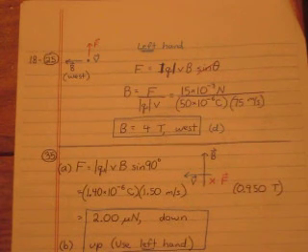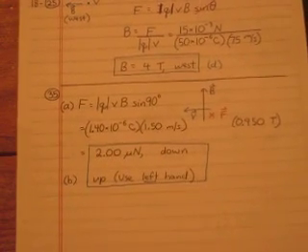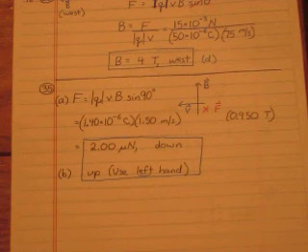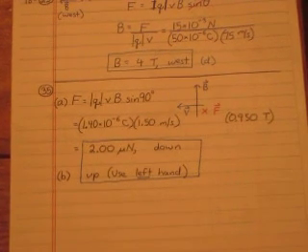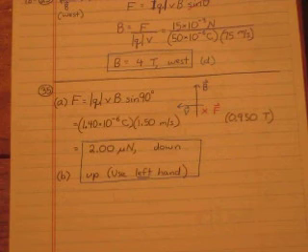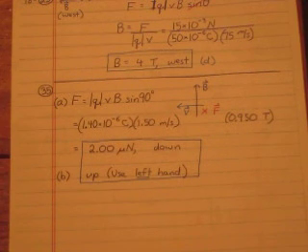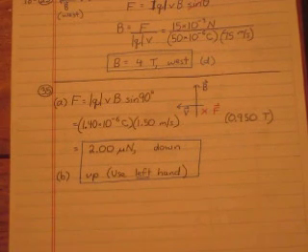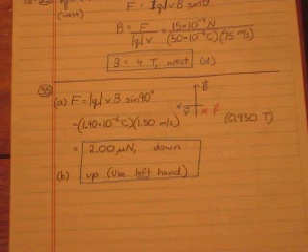Next is number 35. Magnetic field points north, as you see drawn in the picture. Find the magnitude and direction of the force on a charge moving westward, and we're going to do it for the same negative charge with the same velocity.